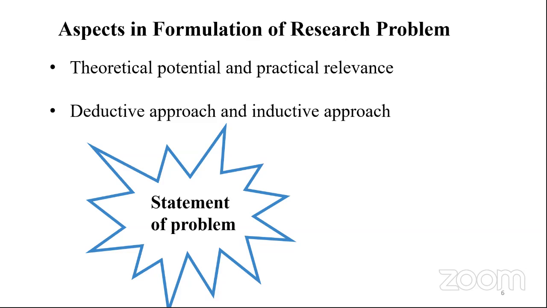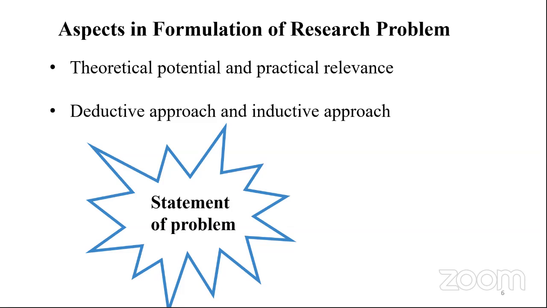But then I always tell them what should be the components of a statement of problem. Because we are talking about synopsis, research proposal, I thought a statement of problem is also very appropriate in this discussion. A statement of problem basically defines your research problem, and in a good statement of problem, one should be able to tell exactly what is to be determined, what the research question is, and one must restrict to the scope of the study of the specific problem and not beat around the bush.